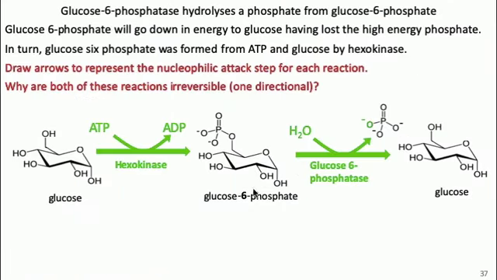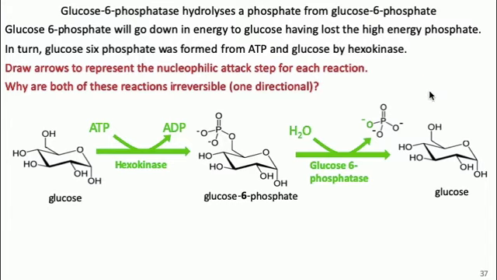Pretty much by definition, hydrolysis reactions are going to go down in energy because they're oxidations. The oxygen atom in the water ultimately ends up as part of the phosphate. In addition, in this case, you've gone from one complicated molecule to two simpler molecules, so entropy has increased.